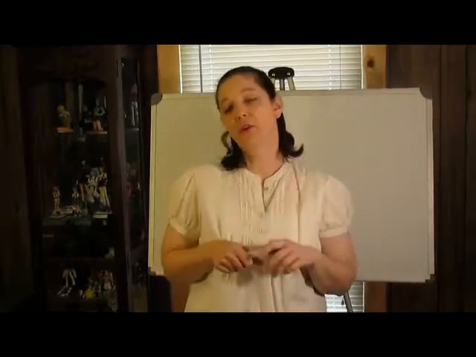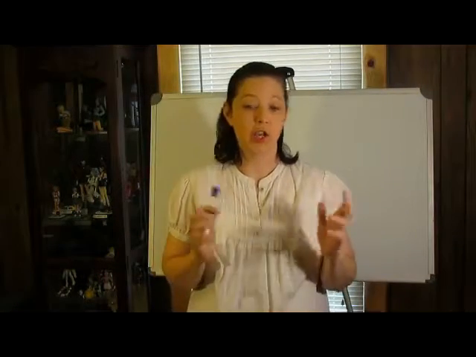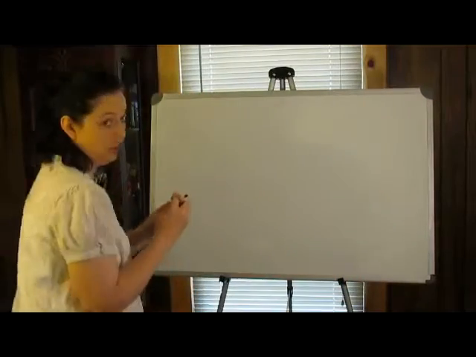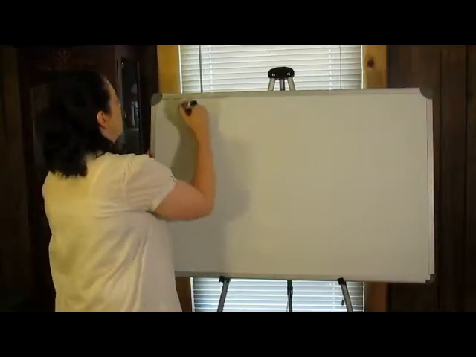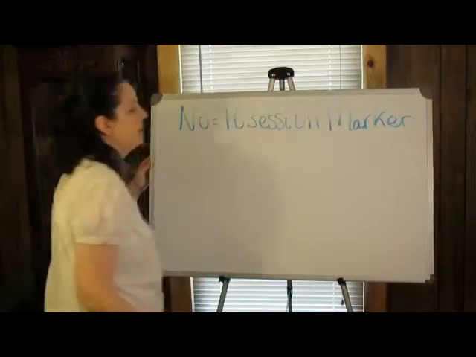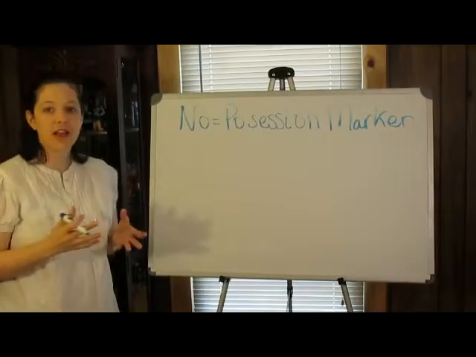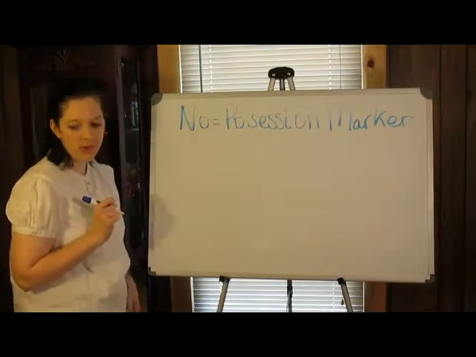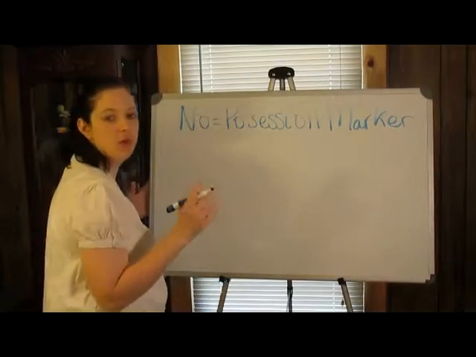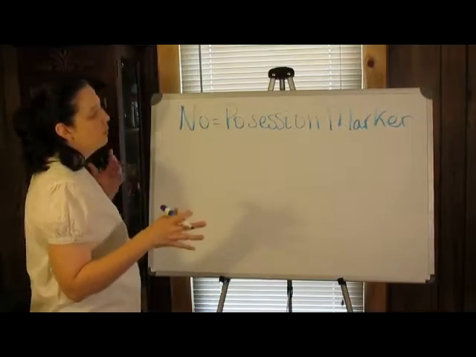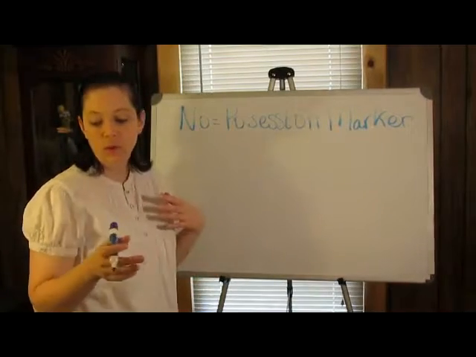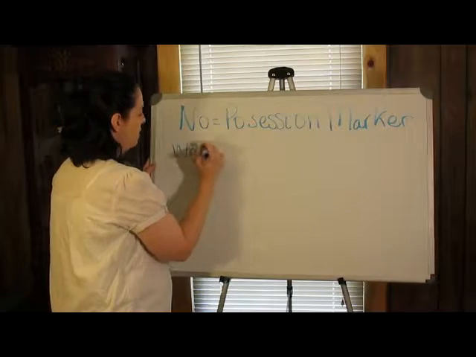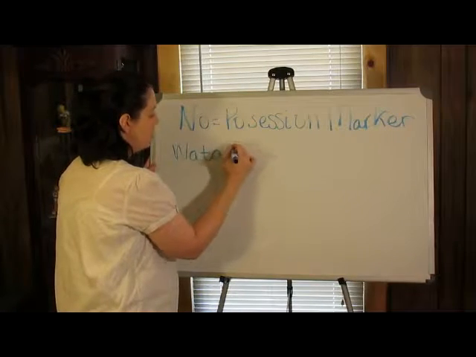The next particle that we're going to learn is no. And no is a possession marker. Okay, so this is how you use no. Let's go ahead and show you the difference between wa and no. This is watashi.